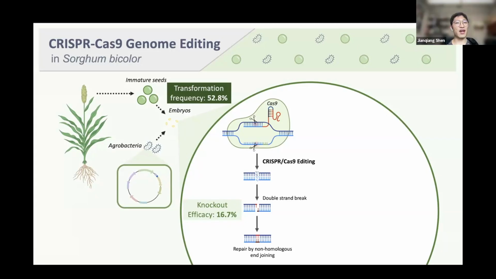But in sorghum, there's one limit, which is the knockout efficiency. Previously in our paper, we reported about 17% editing efficiency, but we would like to improve that to a level we can use. Okay, so we developed this shuttle and binary vector.